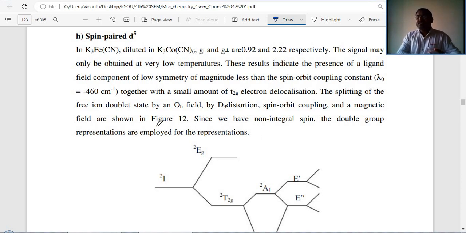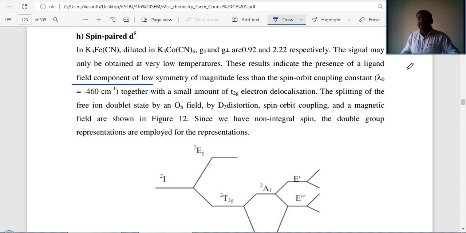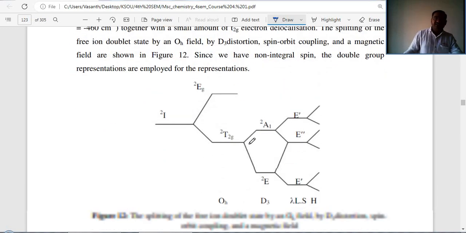These results indicate the presence of a ligand field component of low symmetry of magnitude less than the spin orbit coupling, together with a small amount of t2g electron delocalization. They are represented here.